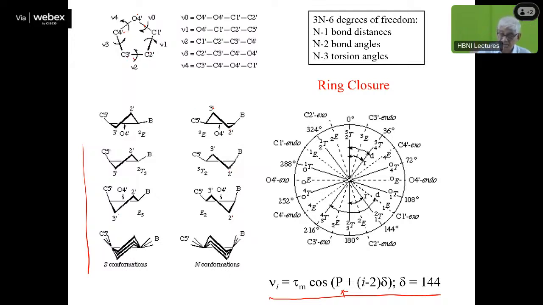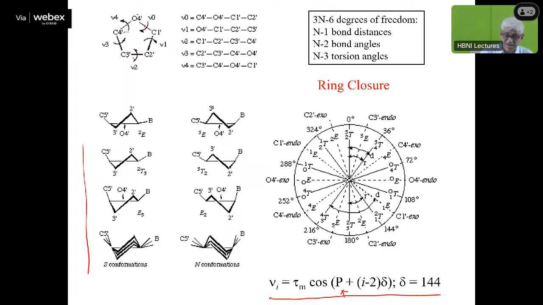So therefore, if the P goes from 0 to 360 as I mentioned, the nomenclatures are given here. 0, 36, okay, 72 and various kinds of things. Depending upon that, you generate different kinds of displacements of the atoms. And we call them C3 prime endo, C4 prime exo, O4 prime endo, C1 prime exo, C2 prime endo, C3 prime exo, and so on and so forth.